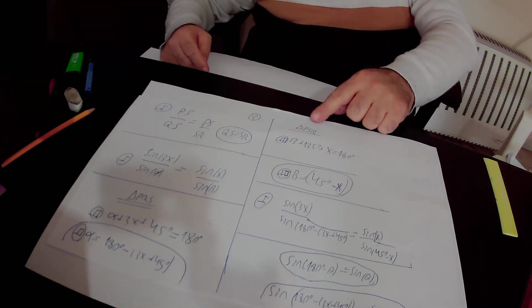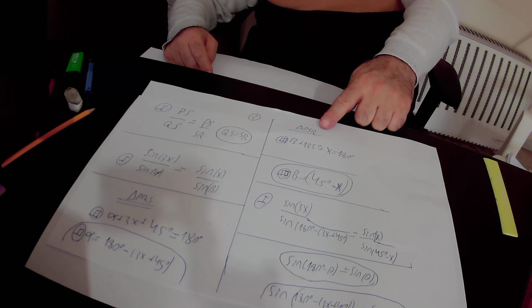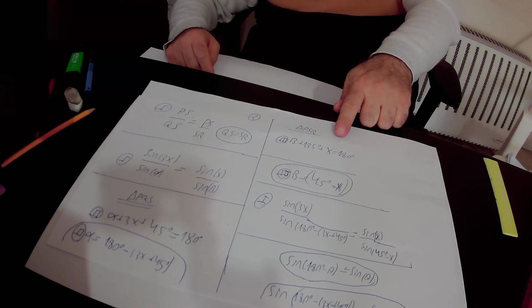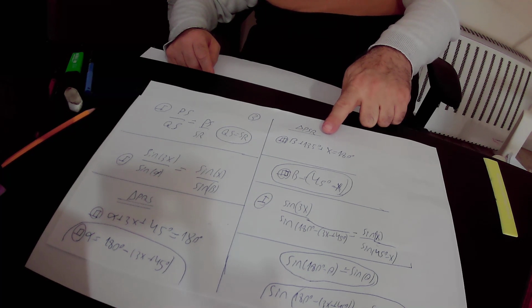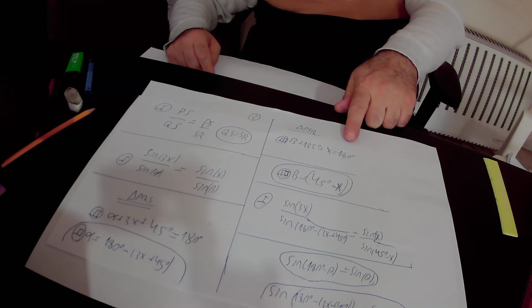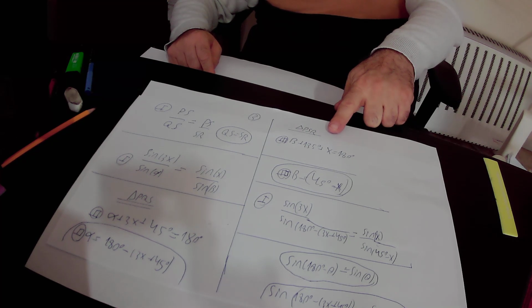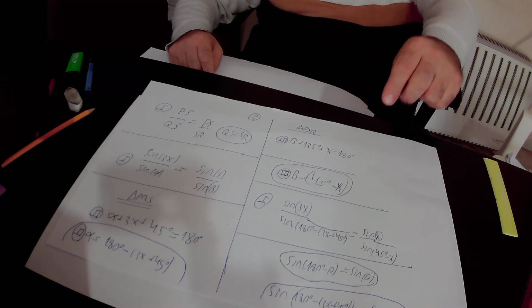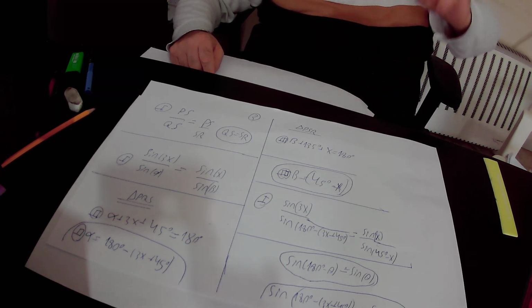Likewise, we focused on triangle PSR. The sum of the angles on triangle PSR must be equal to 180 degrees. That is to say, beta plus 135 degrees plus x equals 180 degrees. Then we subtracted 135 degrees and also x from this equation number 3, and we got that angle beta equals 45 degrees minus x.